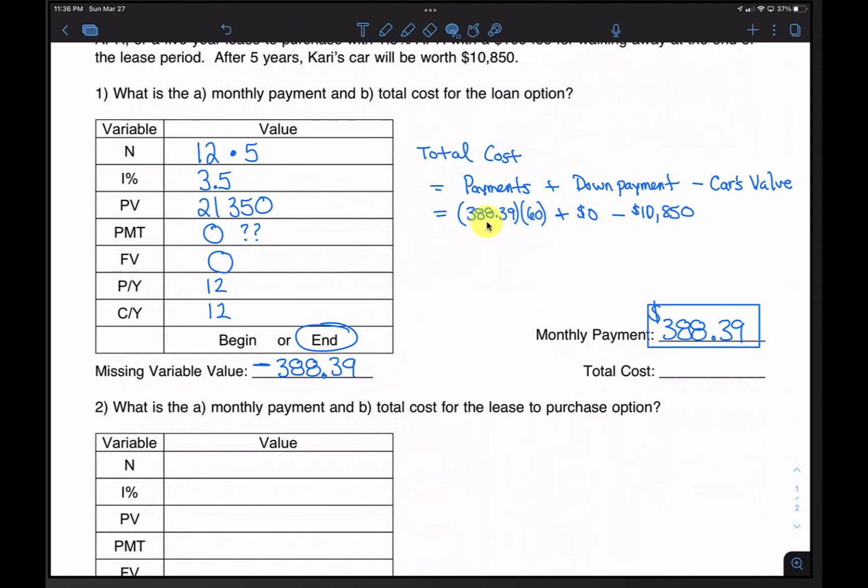So we're doing 388.39 times 60, plus the down payment. In this case, there was no down payment, so that's 0. And then minus the car's value, which was going to be $10,850. So we're subtracting that at the end, and we get a grand total of $12,453.40. So that is our total cost.